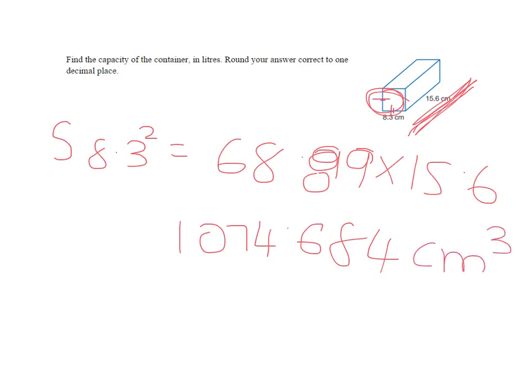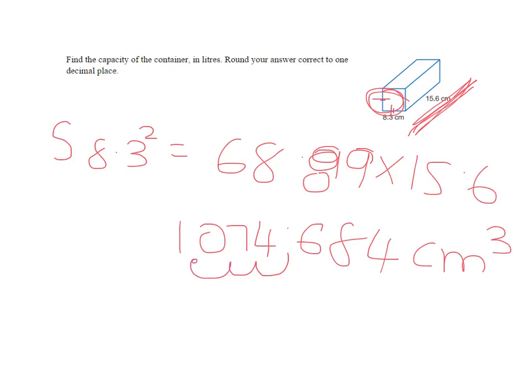So we've got to look and say, right, if we've got centimeters cubed and they want this in liters, 1,000 centimeters cubed is equal to 1 liter. And we've got 1,074. So this would be moving your decimal 3 spaces to there.